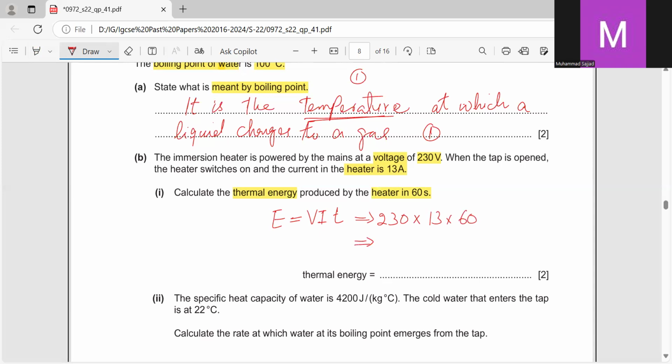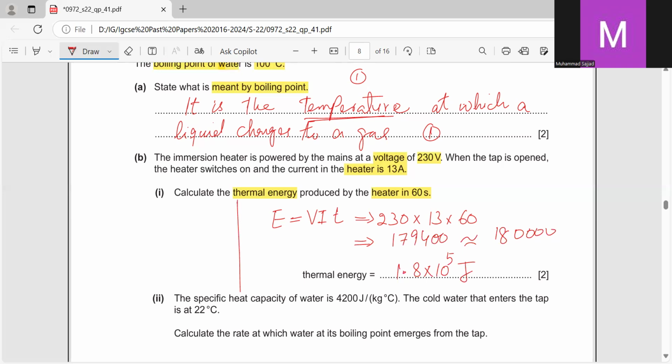So 230 times 13 times 60, the answer is 179400. I can round it off and write it as 1.8 times 10 raised to power 5. And don't forget to write joules, which is capital J.